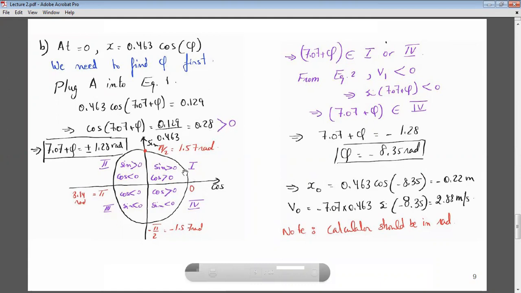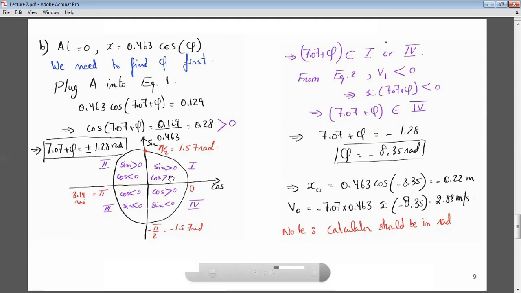Look here, I hope you remember this from your calculus classes. So the cosine function is on the x-axis, the sine function is on the y-axis. x equals 0 is here, x equal pi over 2 or 1.57 is up here, x equal pi is here at 3.14, and minus pi over 2, minus 1.57, is over here.